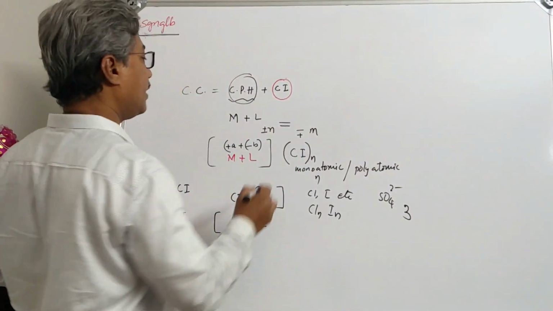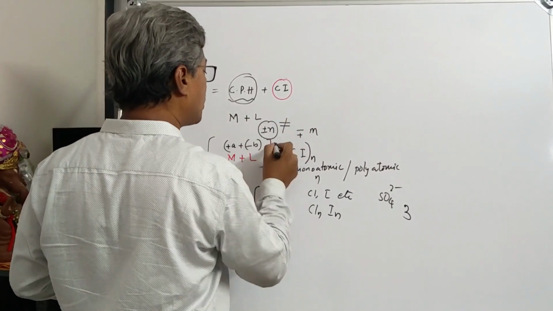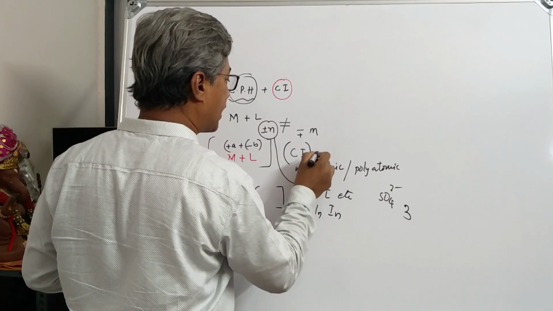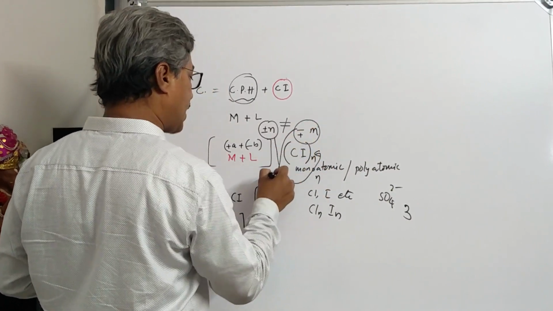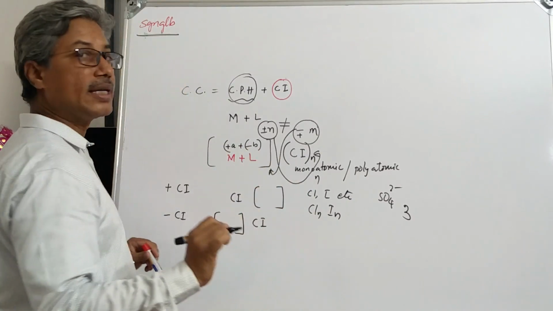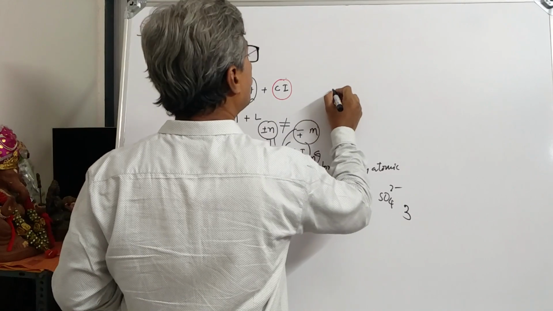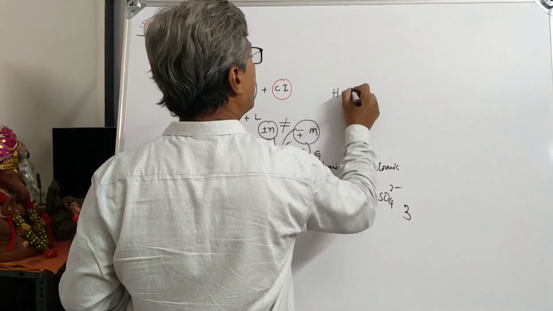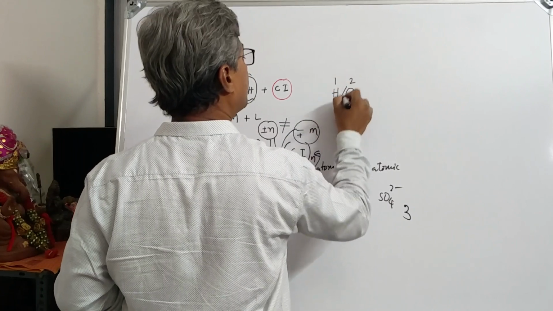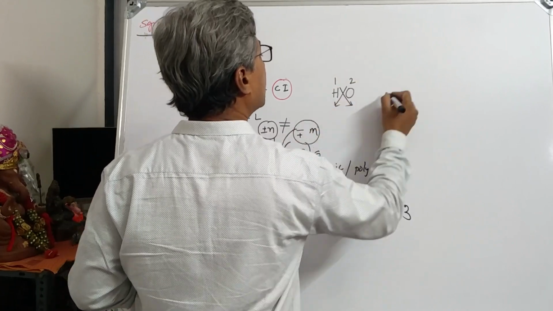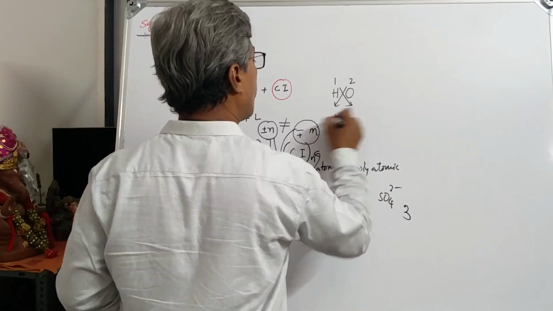If they are not equal, then this number should be used as a multiplication factor here, and this number should be used as a multiplication factor here, ignoring the sign. Is that clear? For example, we write formula by knowing the valency. Valency of oxygen is 2, hydrogen is 1, then cross multiplication we do. Then the formula will be H2O.